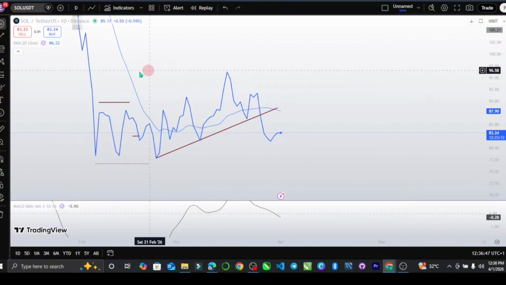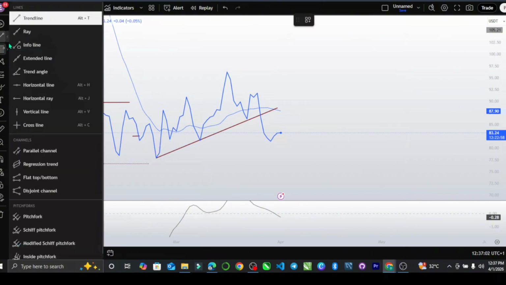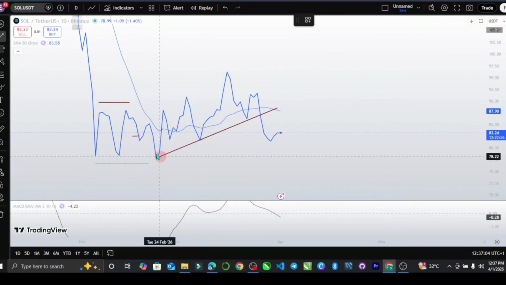Now, one thing you have to understand is that if I want to quickly understand the structure going on in this market, I have to use a line chart. Let me use the line tool and change the color.